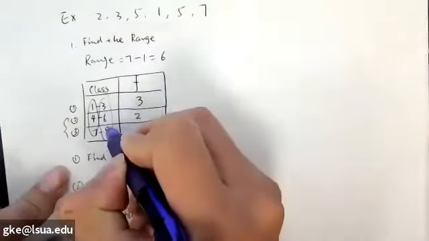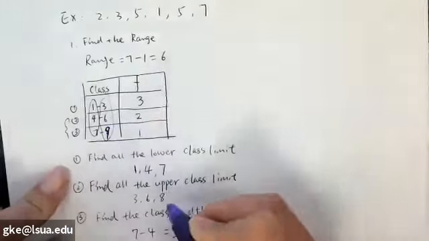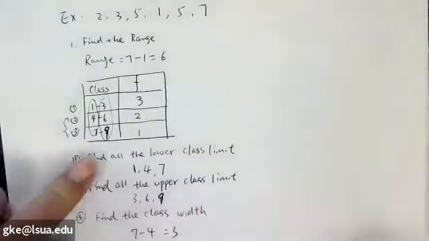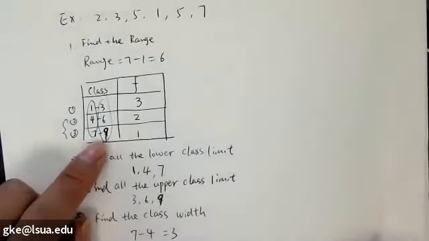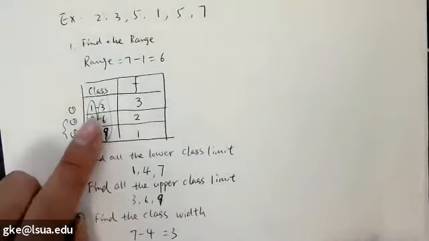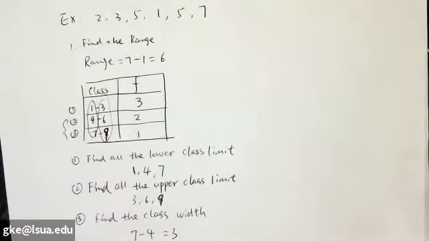Sorry, I made a mistake. Here should be 9. So you can also pick 9 and 6. 9 subtract 6 equals 3. So whatever you pick, as long as they are consecutive classes.